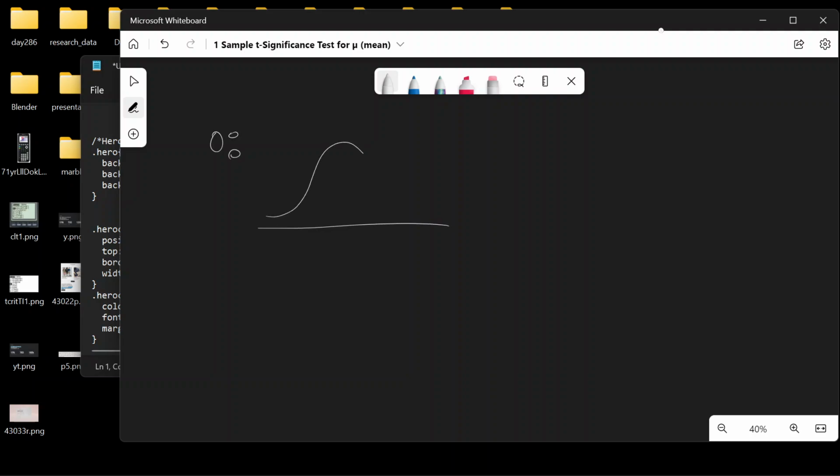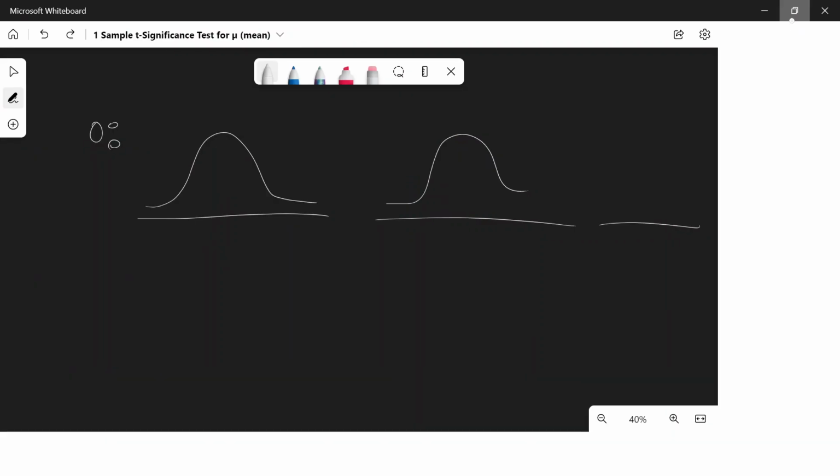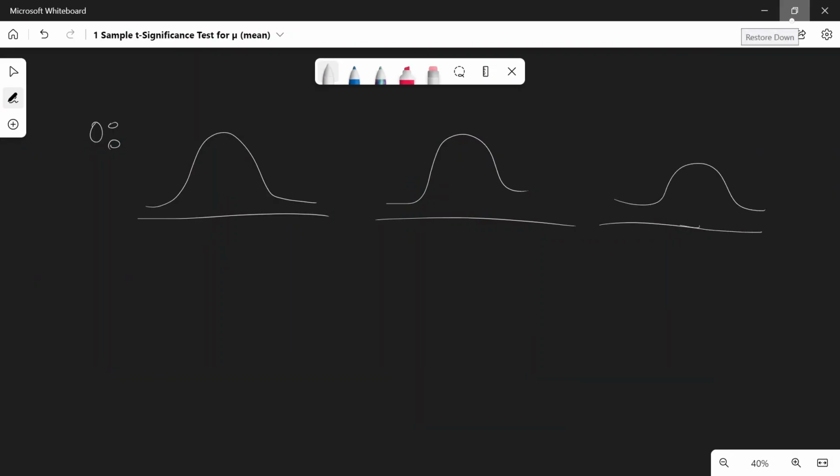Okay, so I'm going to show you something. I'm going to show you the difference between a 1 tail, 2 tails, and, well, this is right-tailed, left-tailed.